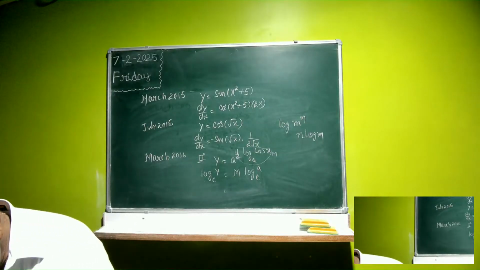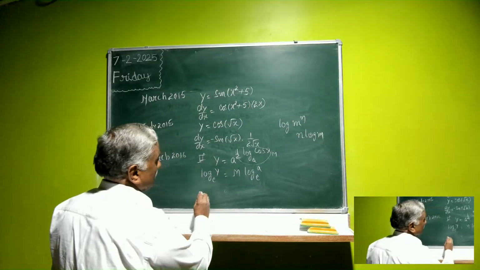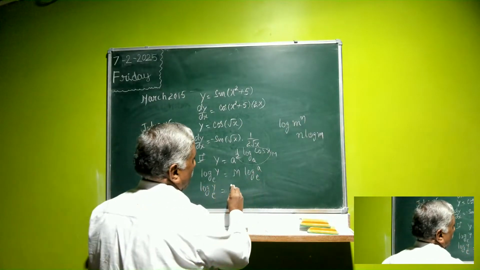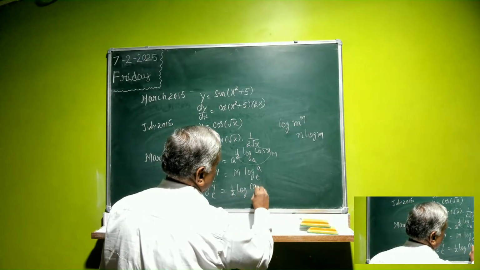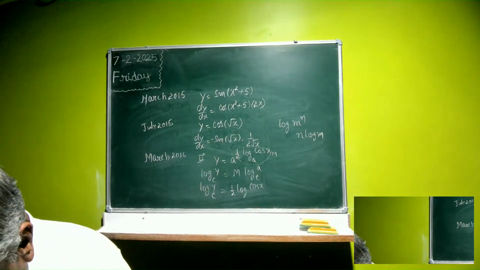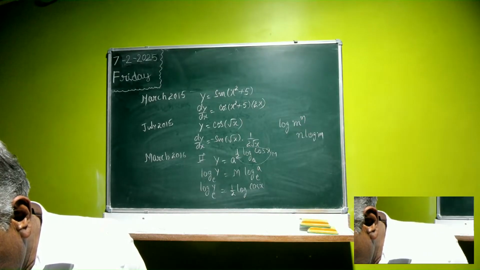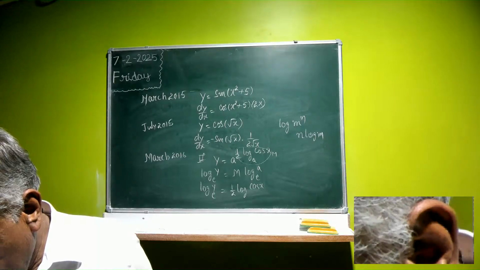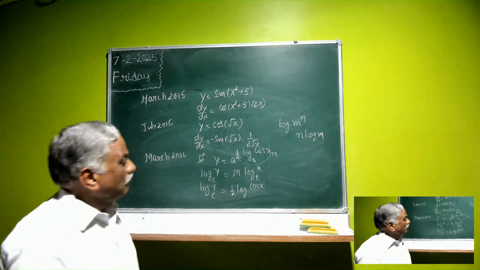But here, what is m you should write? m is half log cos x to base a.